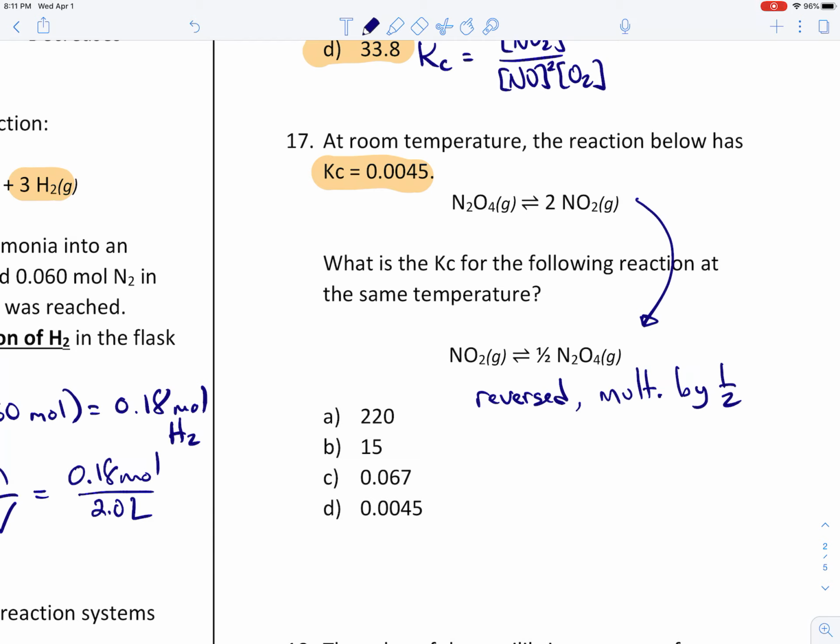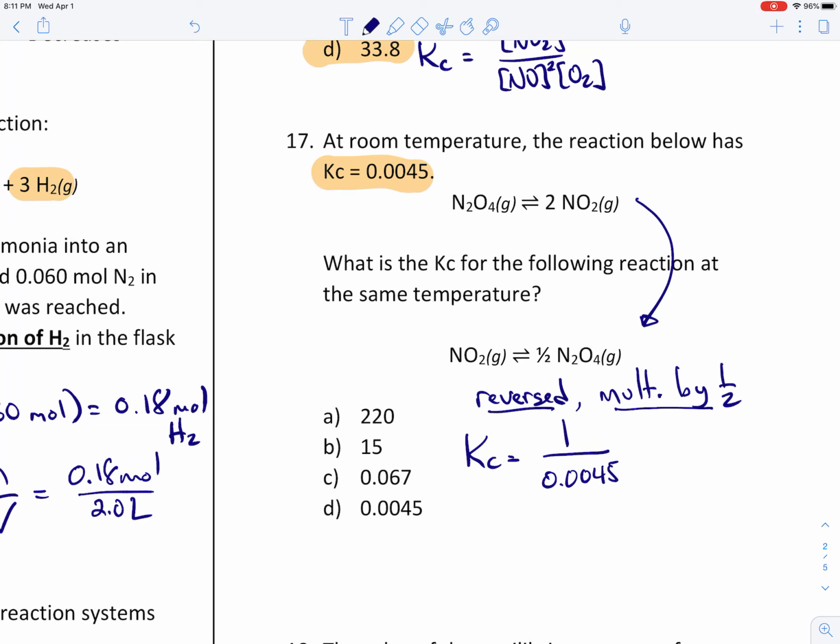So we remember that the way you balance an equation changes the value of Kc. So Kc here would equal, reversing means we take the reciprocal of the old Kc. So we'd say 1 over 0.0045 because we reversed. But if you multiply by a number, then you raise Kc to the power of that number.